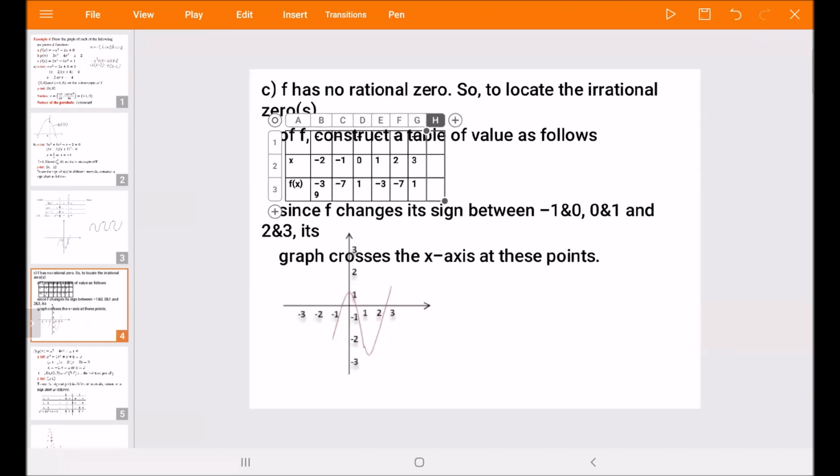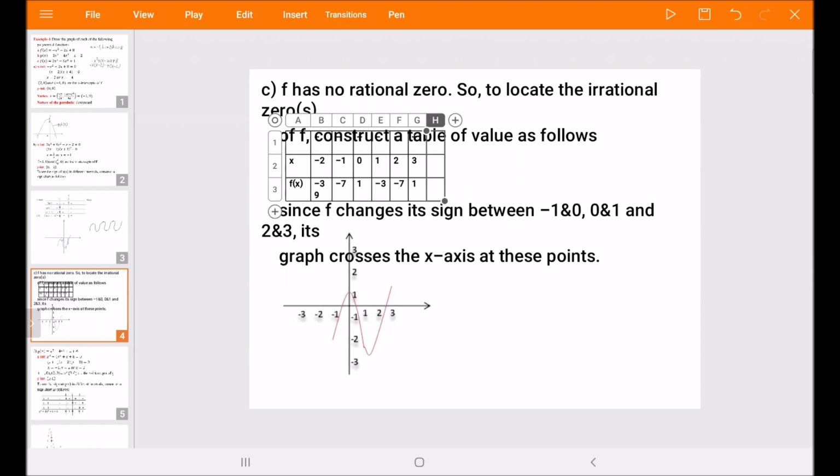Take these 6 integers, -2, -1, 0, 1, 2, and 3 as values of x and evaluate this polynomial f of x. The values of f of x are -39, -7, 1, -3, -7, and 1, when the value of x is respectively -2, -1, 0, 1, 2, and 3.